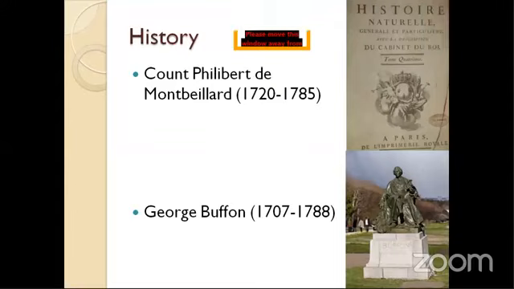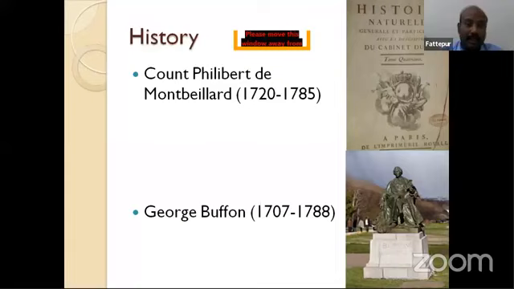The same chart was published by George Buffon in Histoire Naturelle in the year 1777. Since then, many have started plotting growth charts for children, and they had started plotting the growth charts even for term and preterm babies also.